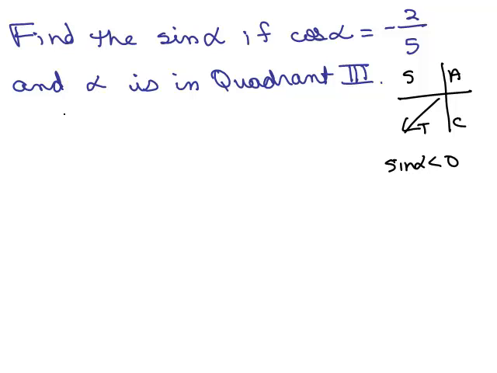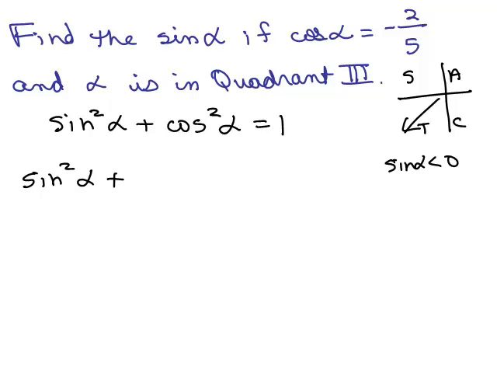All right, now let's go to the fundamental identity, sine squared alpha plus cosine squared alpha equals 1, because this works no matter what angle it is. All right, and what do I know? I know the cosine of alpha. So I have sine squared alpha plus negative 2/5 squared equals 1.